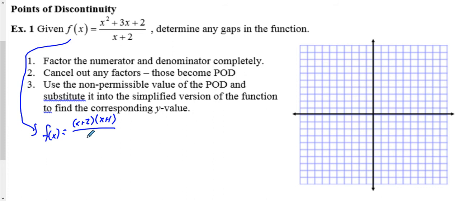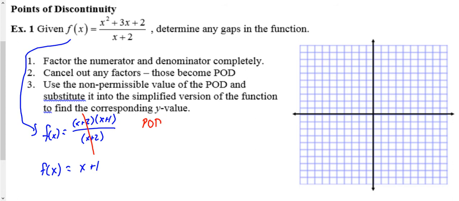On the denominator, that x plus 2 is all together, so I'm going to put it in brackets, x plus 2. I notice that my numerator and denominator have the same factors, so I can cancel those out. I'm left with the function f of x equals x plus 1. That's my final, simplified function as well. My POD was what I just canceled out.